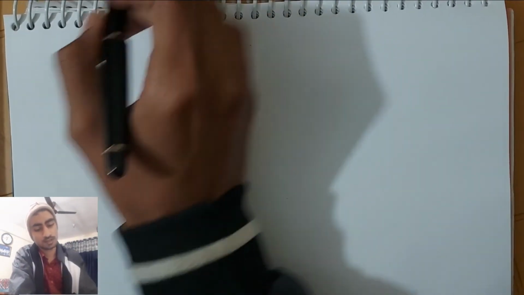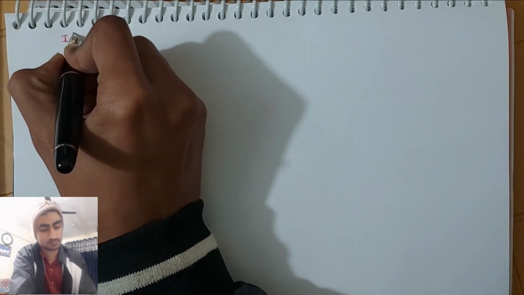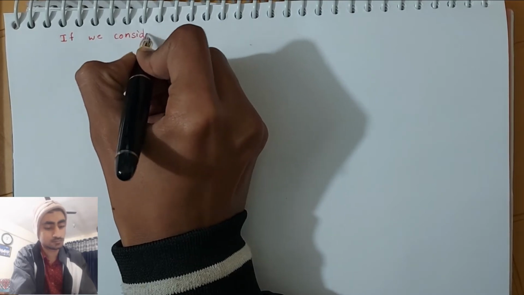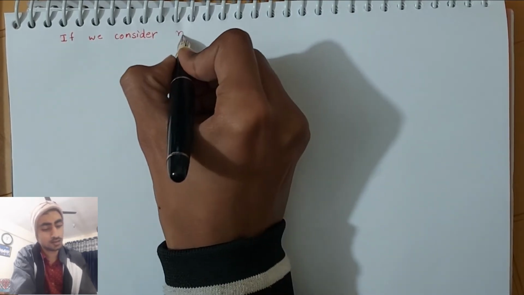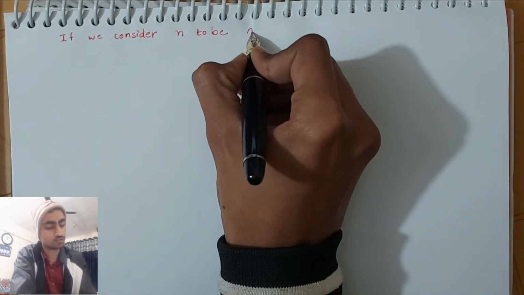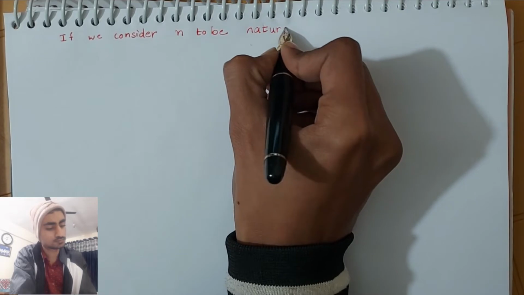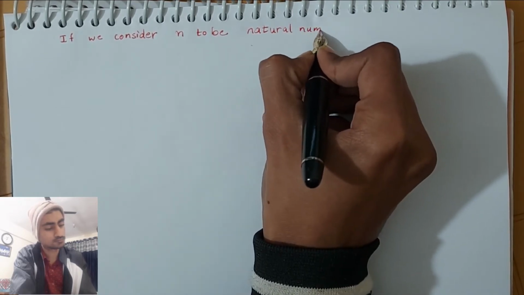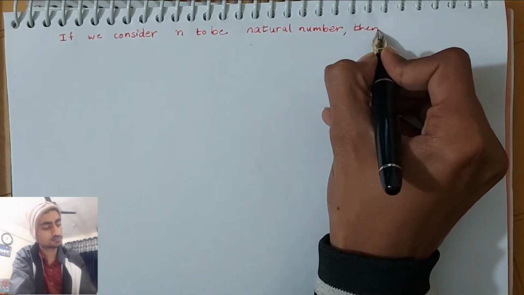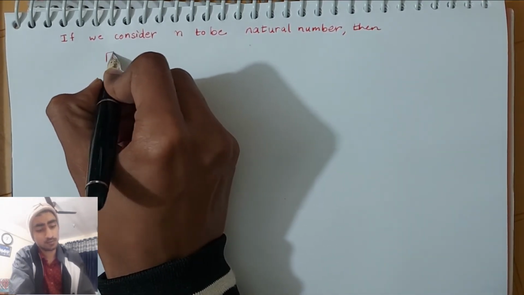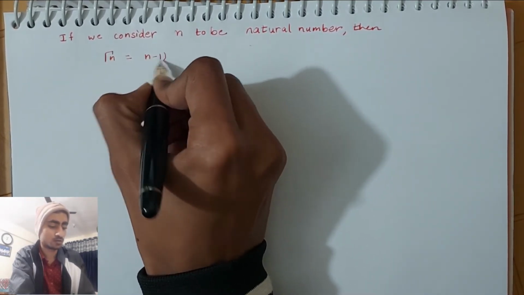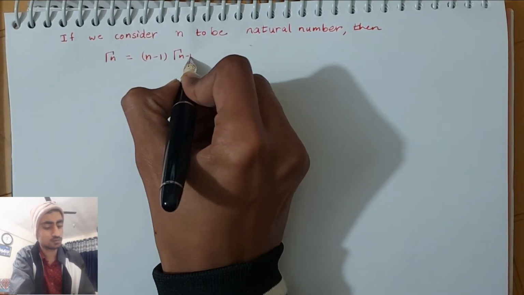Now if we consider n to be a natural number, then gamma of n is equal to n minus 1 times gamma of n minus 1.